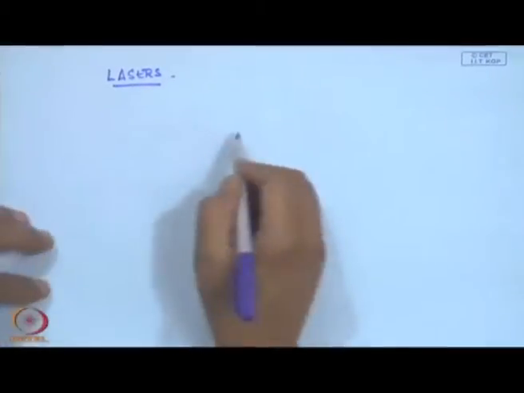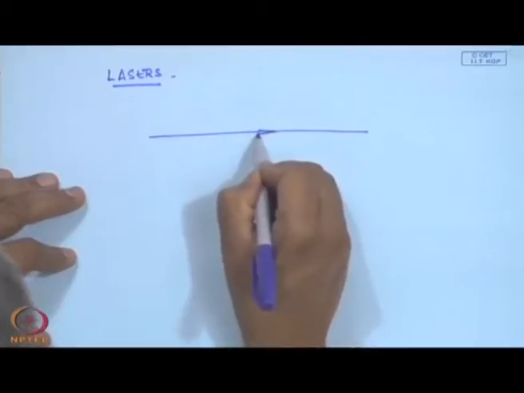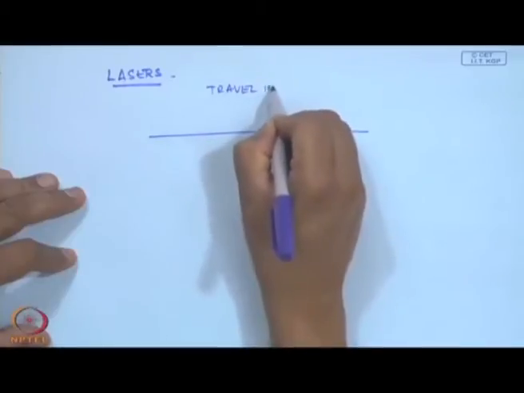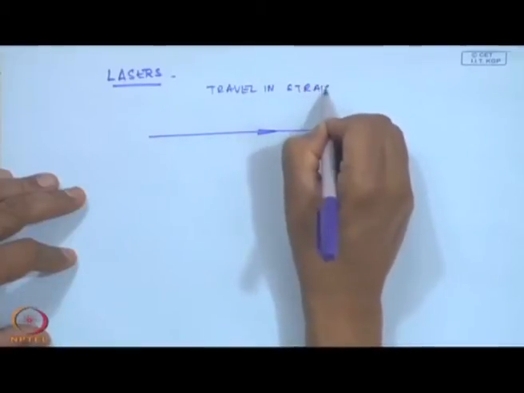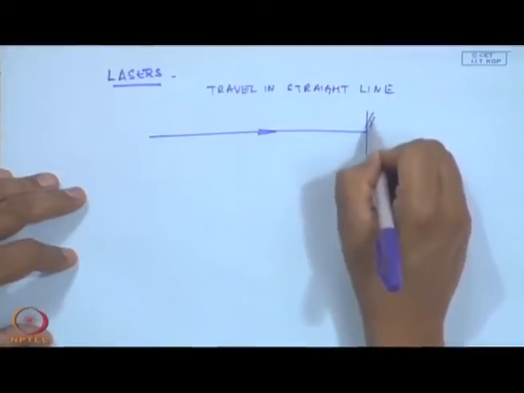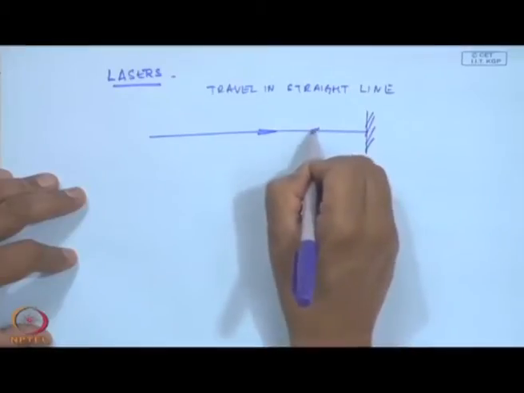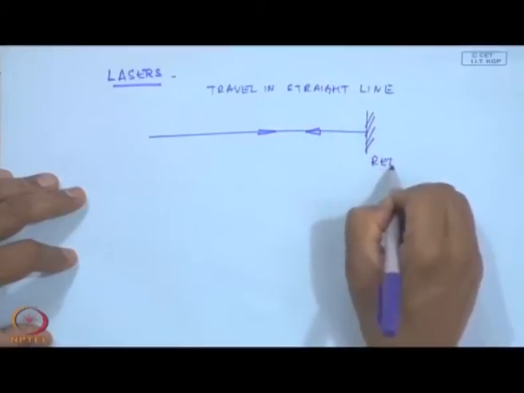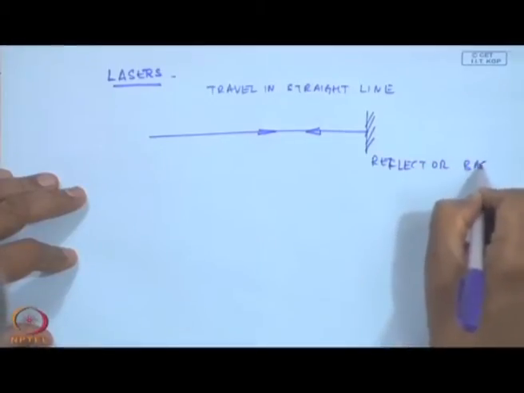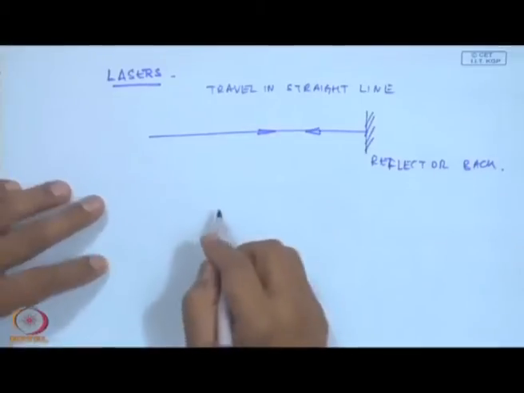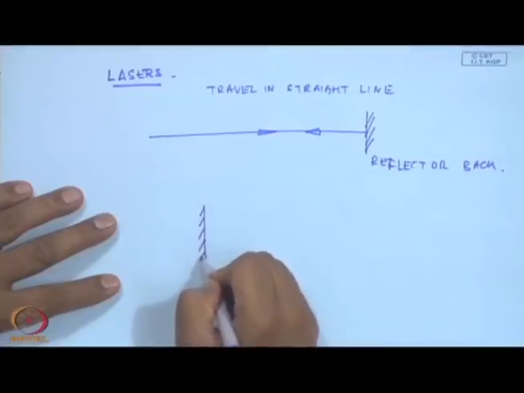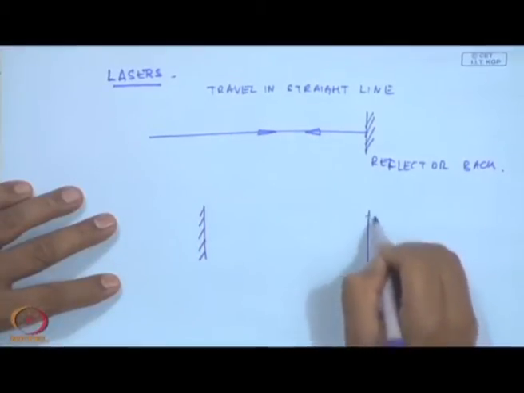Because lasers travel in a straight line, and if I put a reflector, they are going to reflect back. So, imagine I have two systems, this is one flange and another flange.